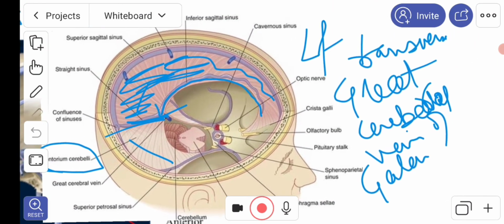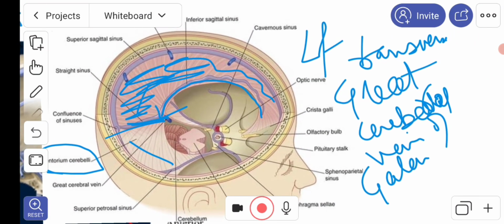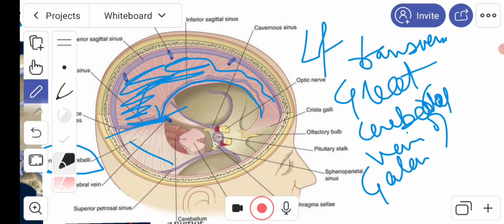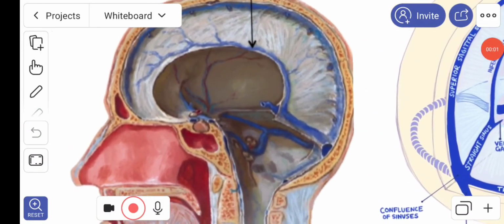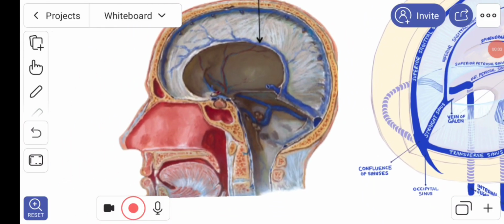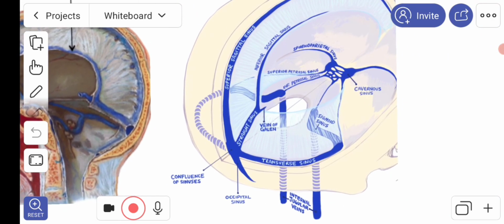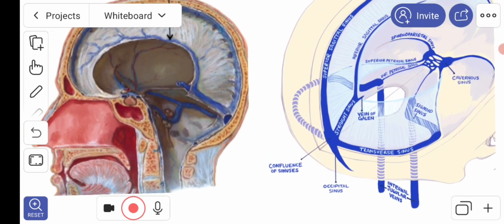Somewhat, if we see here below the tentorium, we have the occipital sinus. The occipital sinus is the smallest sinus.